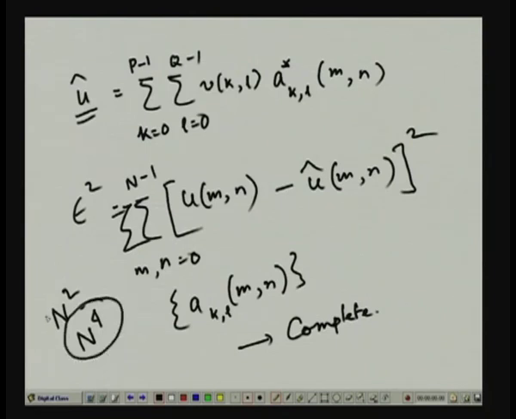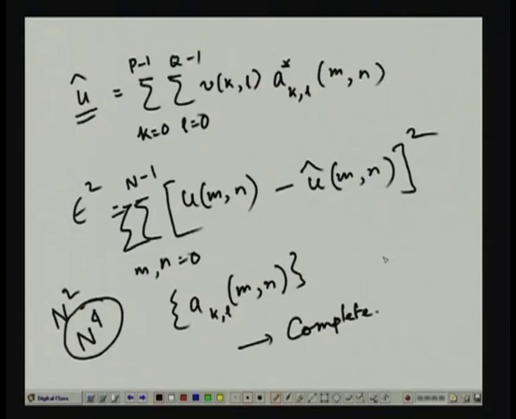So, we have to incur a tremendous amount of computation. One of the problems is how to reduce this computational requirement, both for forward and inverse transformation. We will continue with the discussion of these unitary transformations in our next class.